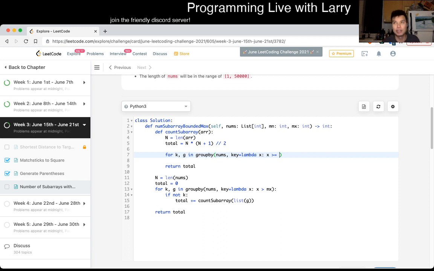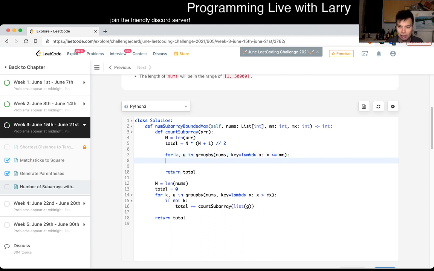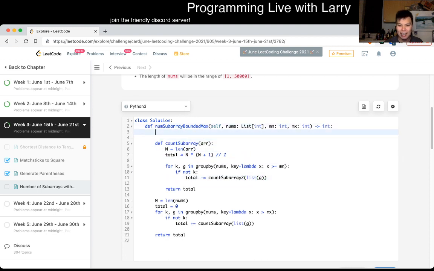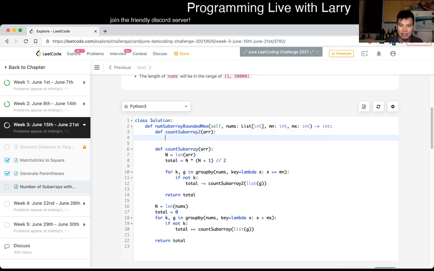Oh yeah, our delimiter should now be bigger than, so now we just want to count all the smaller numbers. So we use this as the delimiter, meaning now we have numbers that are no good, right? So if these are lower numbers, we subtract it by count subarray 2, and I think that should be good. And that's why, I don't know if this groupby thing is more readable. That's why I didn't write it this way.